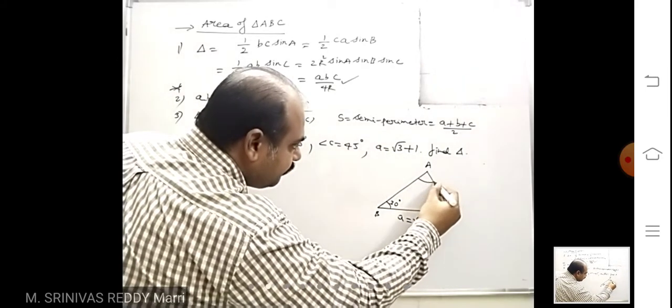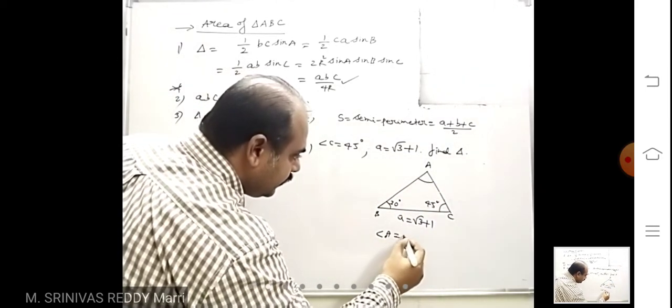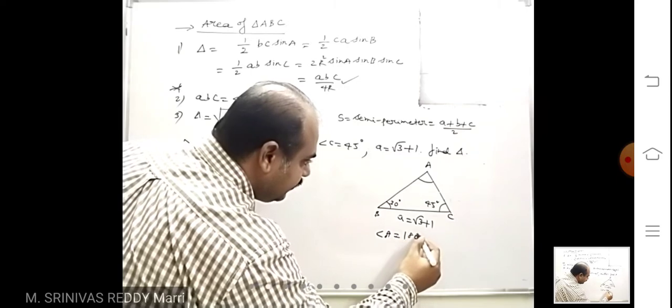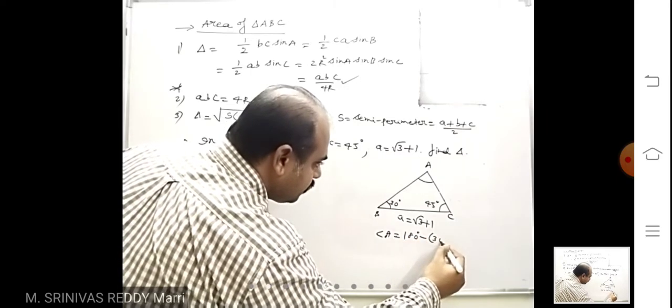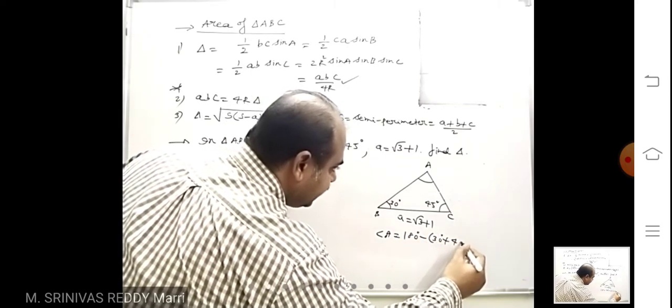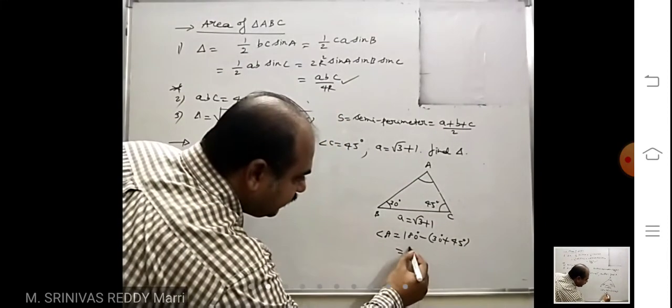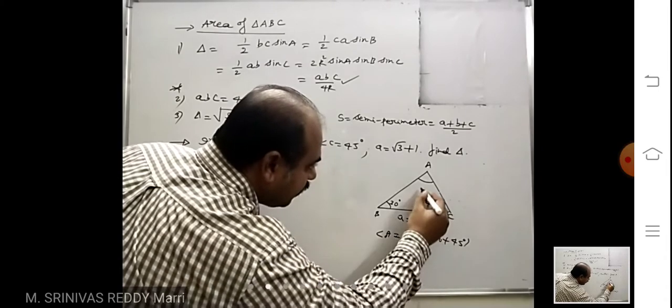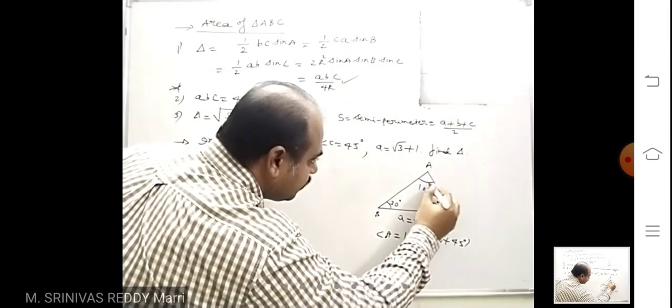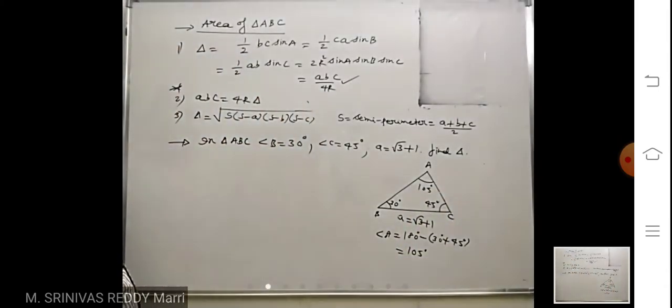So this angle can be calculated. It is nothing but 180 degrees minus the sum of the angles. Two angles you know, so 180 minus 75. That means 105 degrees is this angle.